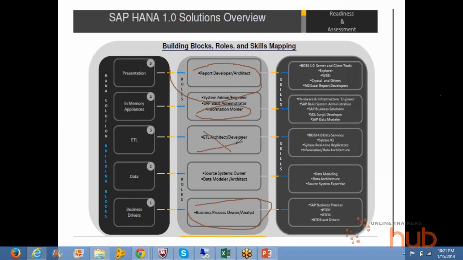Okay, so HANA is going to stay long, because when we talk about ECC, it was there in the market for the last 15 to 16 years. You know that one, right? For the last 15 to 16 years it was there, and all the versions that have come up are built on the top of that one only. Even BW for that matter. BW 7.4 has come with many enhancements.